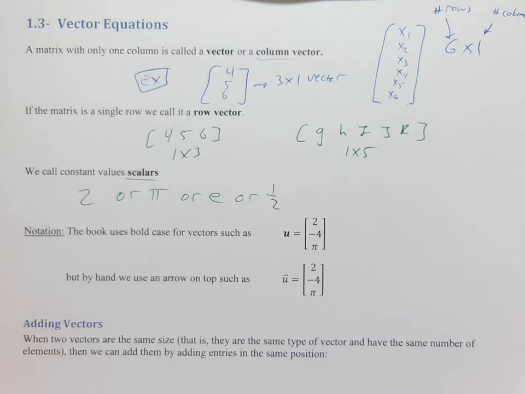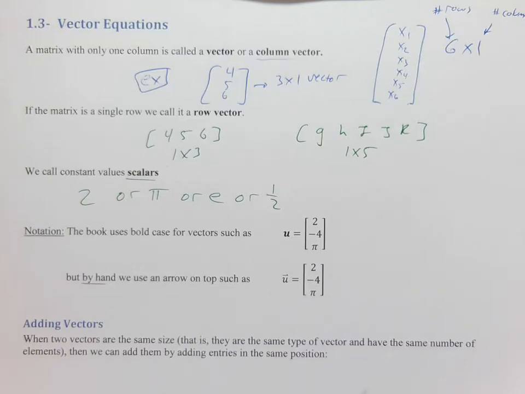Now, when we're looking in a textbook, or in my notes, the book often uses bold to show that it's a vector. But if we're going to draw something by hand, we can't make something bold very easily, so instead we put a little vector sign over something to indicate that it's a vector.